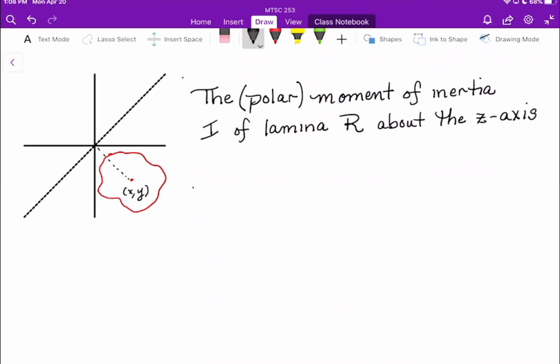So we're going to define that. I naught is going to be the double integral over R. Now, if you remember when we talked about this before, we looked at the distance that it was from the mass. And so if this distance is r, this is going to be r squared times whatever your density is, times your area.